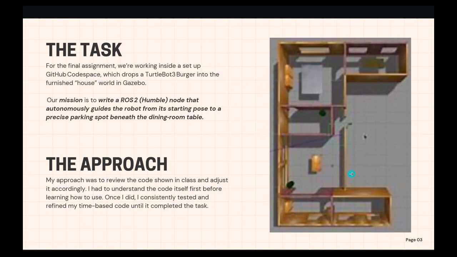You see this arrow? It's outside the house, and it has to go into the house and under the dining room table for its end goal. And this all had to be done using Python code and make it move autonomously, so I didn't have to control it.